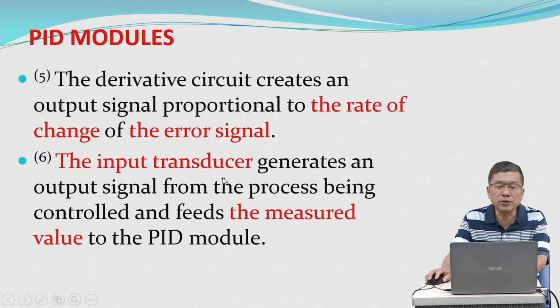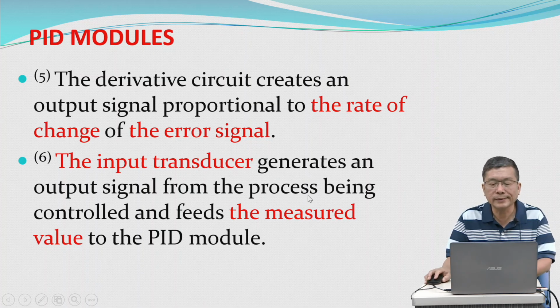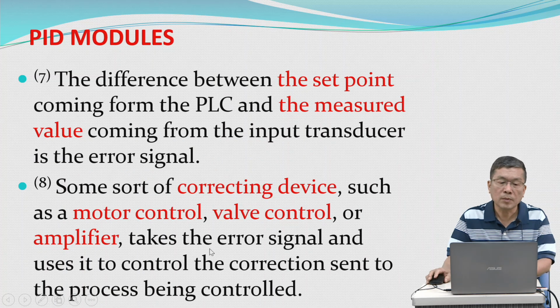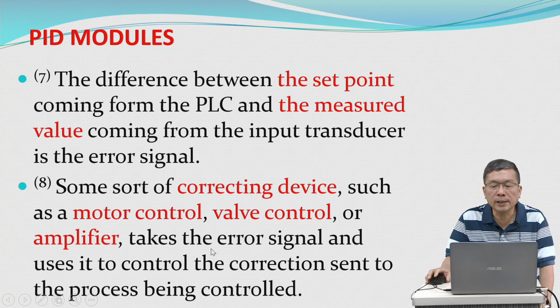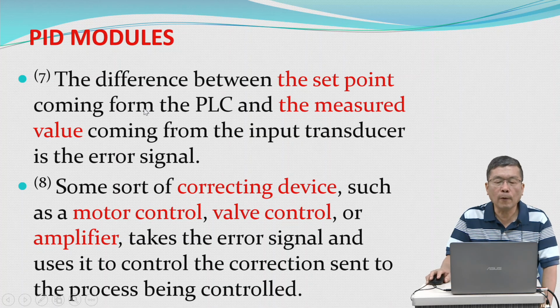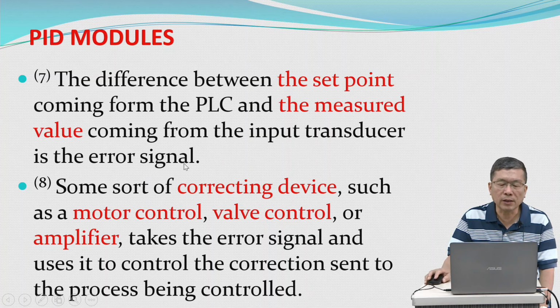The input transducer generates an output signal from the process being controlled and feeds the measured value to the PID module. The difference between the set point coming from the PLC and the measured value coming from the input transducer is the error signal.